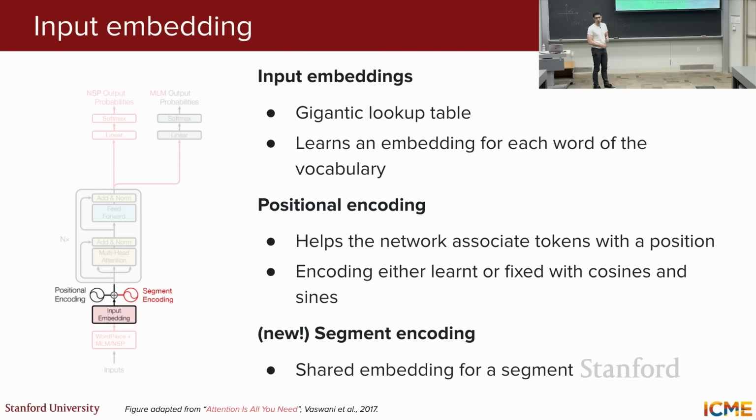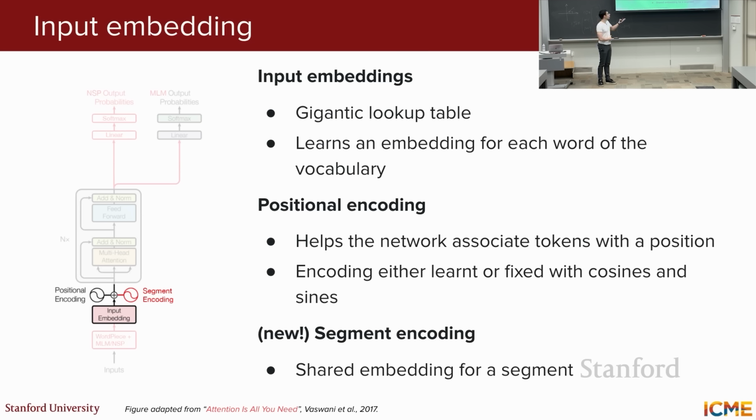But there is something new. There is the introduction of a new kind of encoding called segment encoding that is still going to be additively added to tokens, with the exception that we just have two possible encodings there. So you have segment A that represents the first sentence, and then segment B that represents the second sentence.